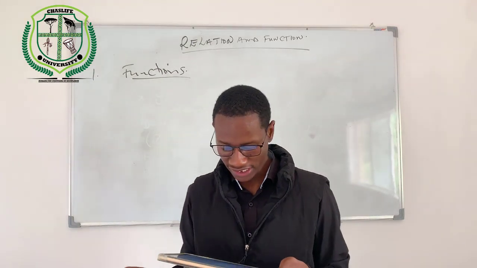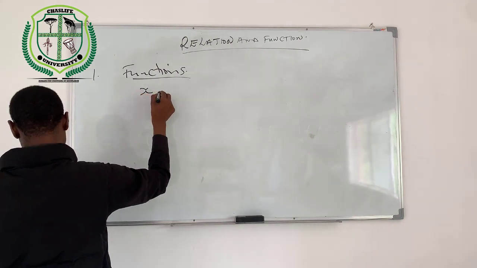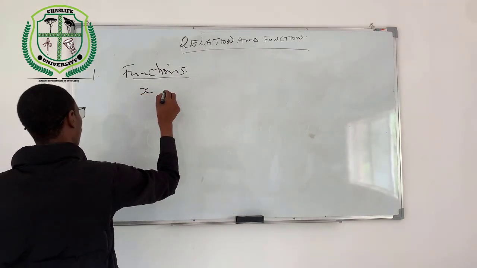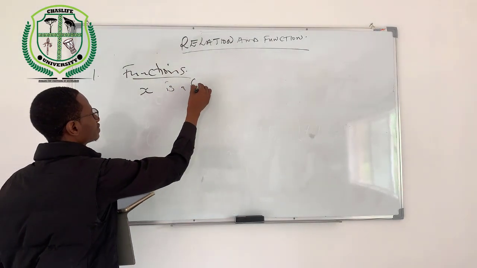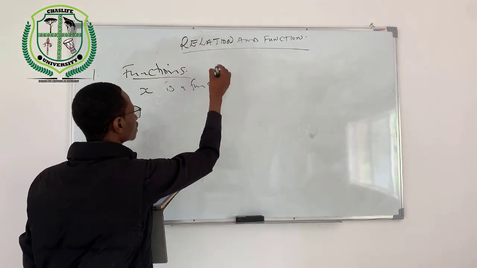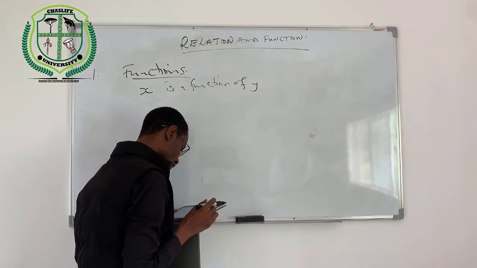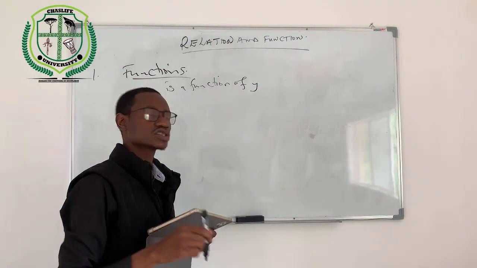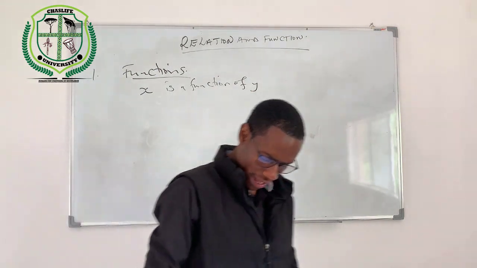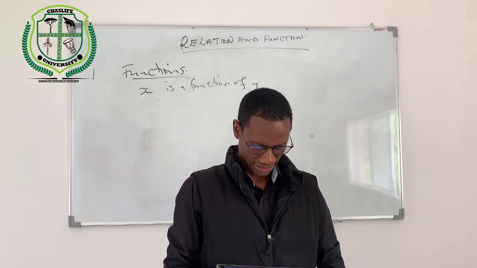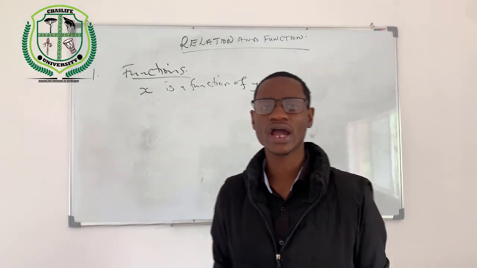So if we say x and y, if we say x is a function of y, what are we trying to say? We are saying that for every element x in the domain, there is exactly one corresponding element in the y range.